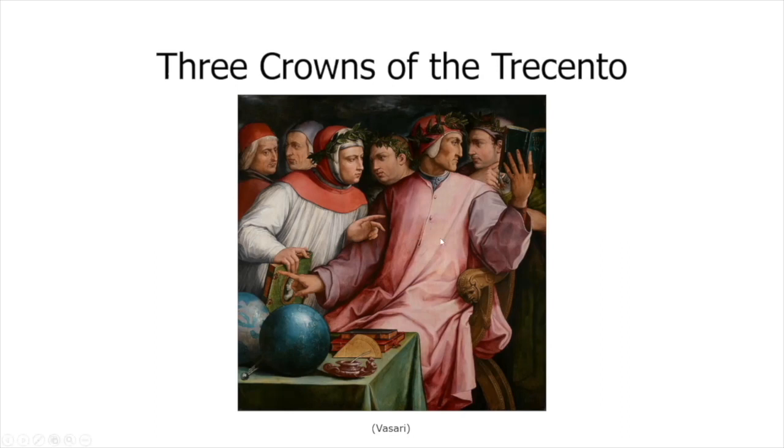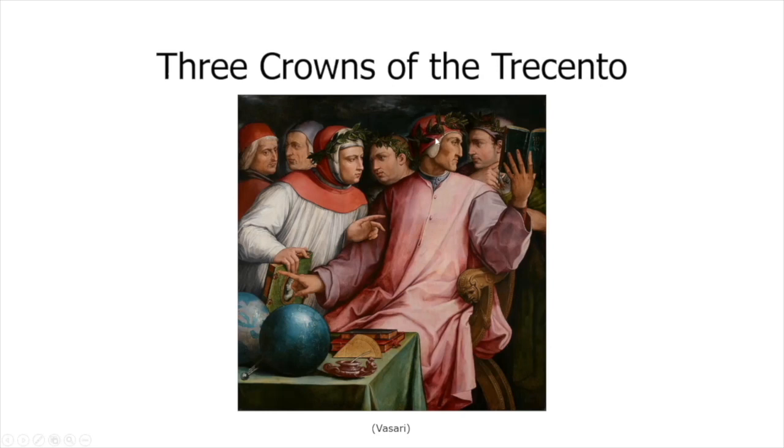The one here is recognizable as Dante, the author of the Divine Comedy and other important works. Over here we have Petrarch, another major figure, wearing the laurel crown. They're all wearing the laurel crown. And in the middle is Boccaccio.